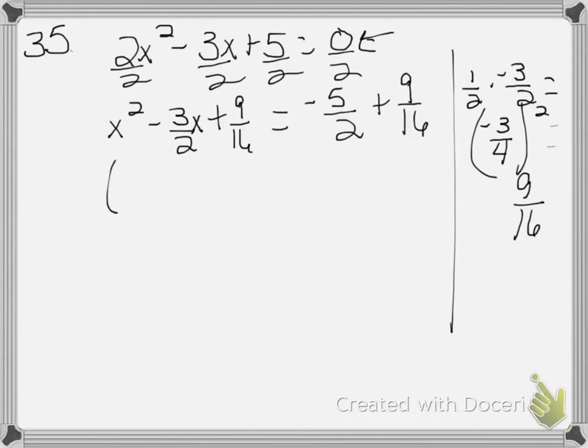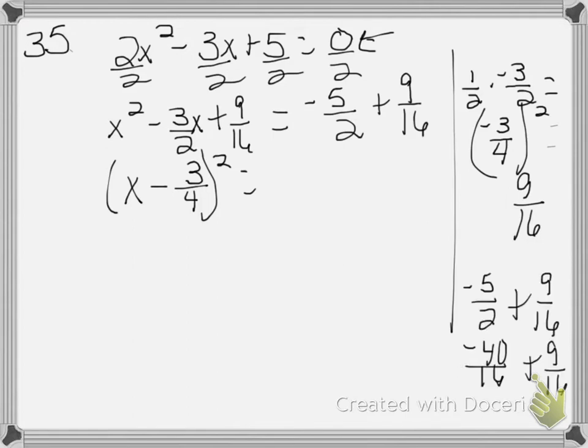So this is a perfect square trinomial, which is x minus the half of 3/2, which is 3/4, squared, is equal to negative 5/2 plus 9 over 16. I'm going to go to the side and get negative 31 over 16. Take the square root.